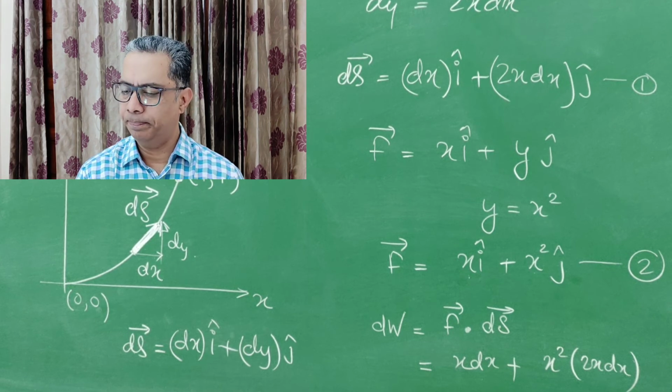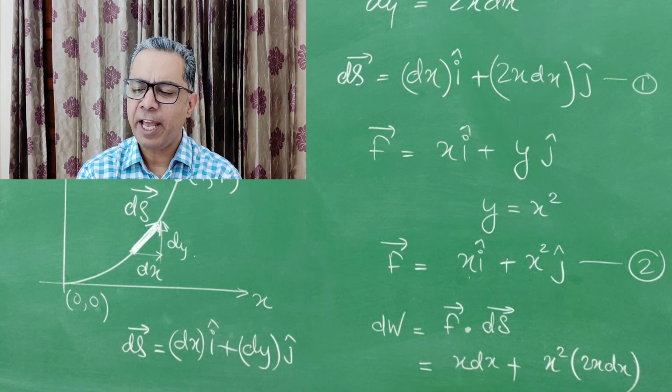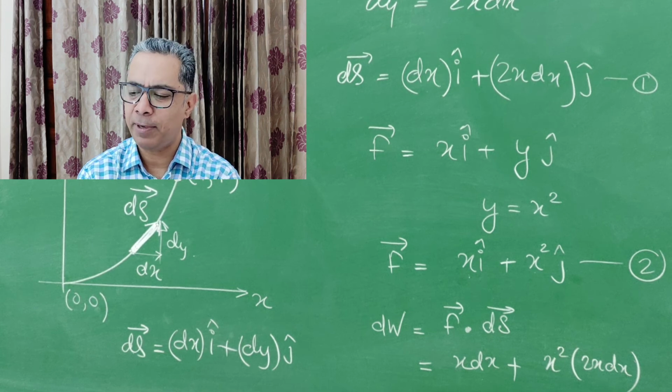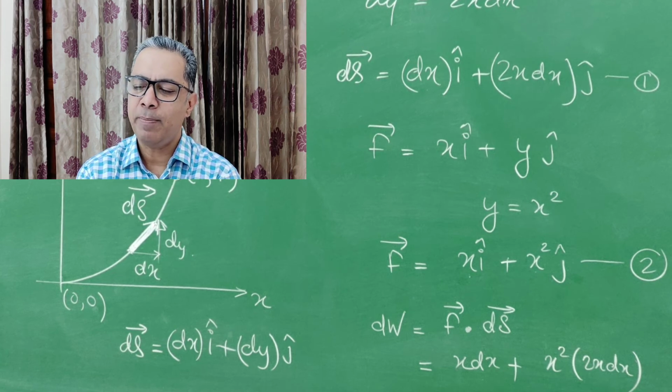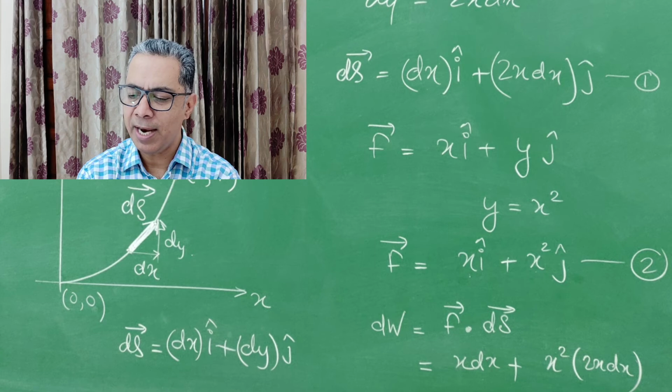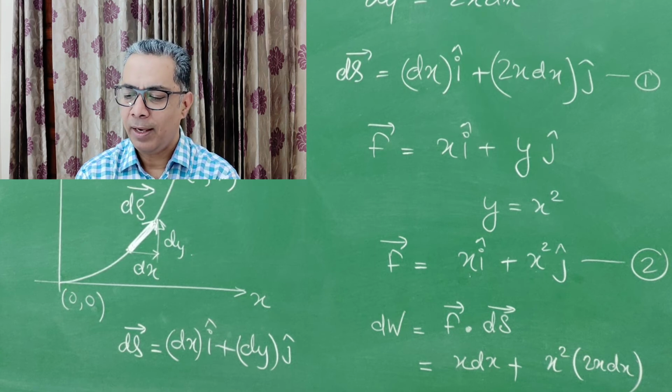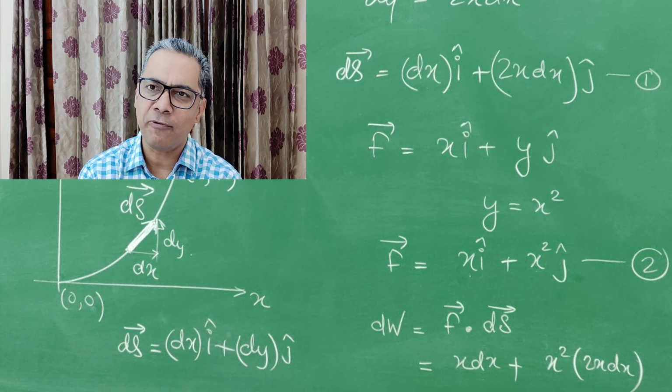So we have F now as x i cap plus x squared j cap, and ds as dx i cap plus 2x dx j cap. dW, the tiny amount of work now done, is the dot product of F and ds.